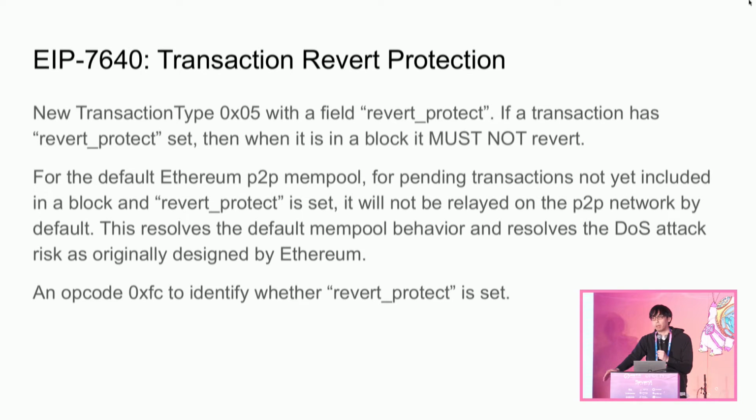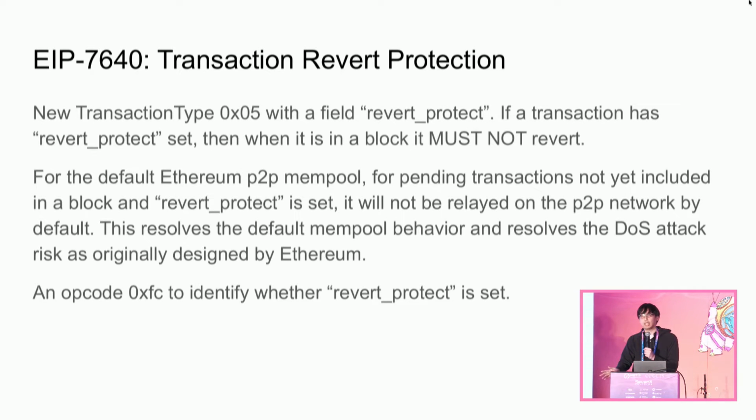If it's included in a block, then that is an invalid block. It's sort of like including in a block a bad signature or whatever it may be, right? And that means that you are now free to propagate these transactions among random untrusted parties because you know your transaction will only get in if it does not revert.